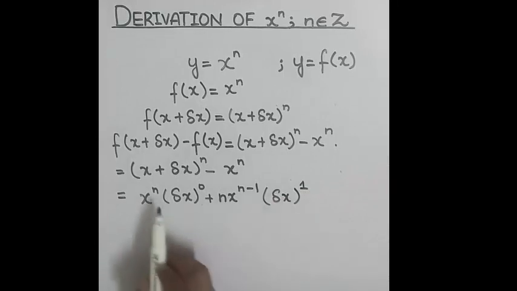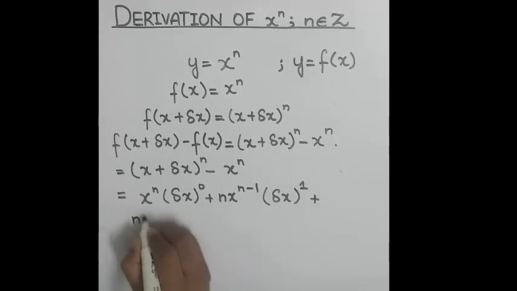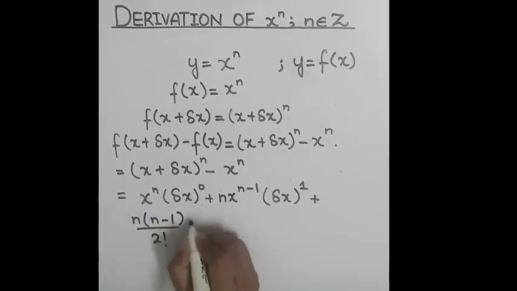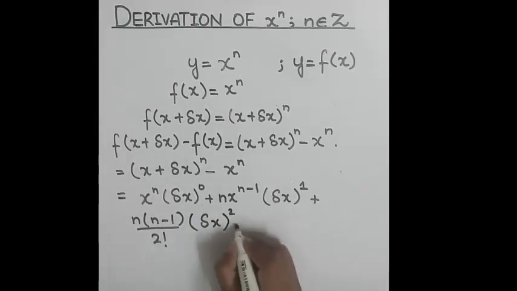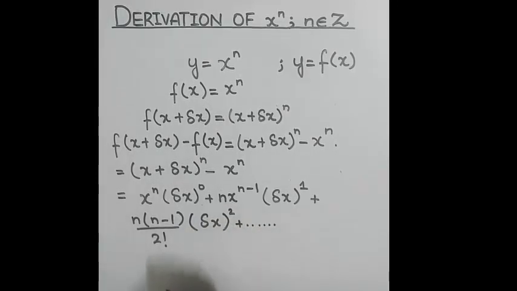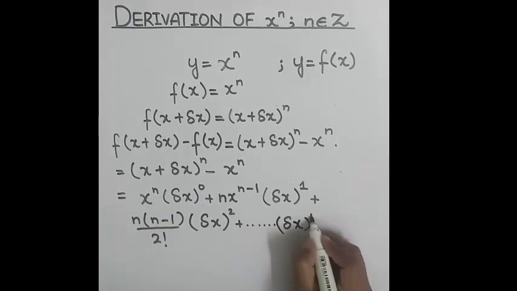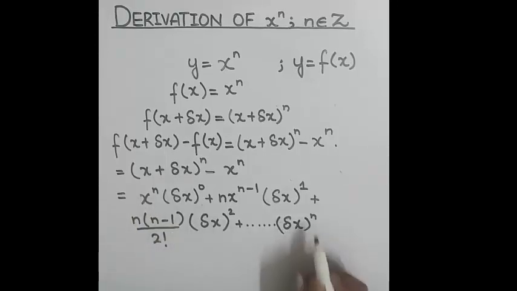Gradually these powers increase and this power decreases, plus n into n minus 1 over 2 factorial and delta x square, and so on, and in the last we get the greatest power of delta x, that is delta x power n, and this term becomes x raised to power 0, and anything which has the power 0 becomes 1. So we are left with delta x raised to power n.